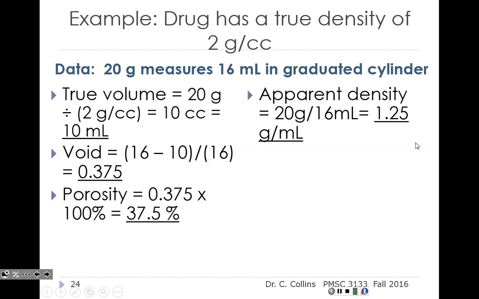You say, well, what difference does that make? Well, it makes a lot of difference when you have a container you need to put your drug in. If you're going to put in 20 grams, you need to allow enough room for 16 mils, not just for 10.